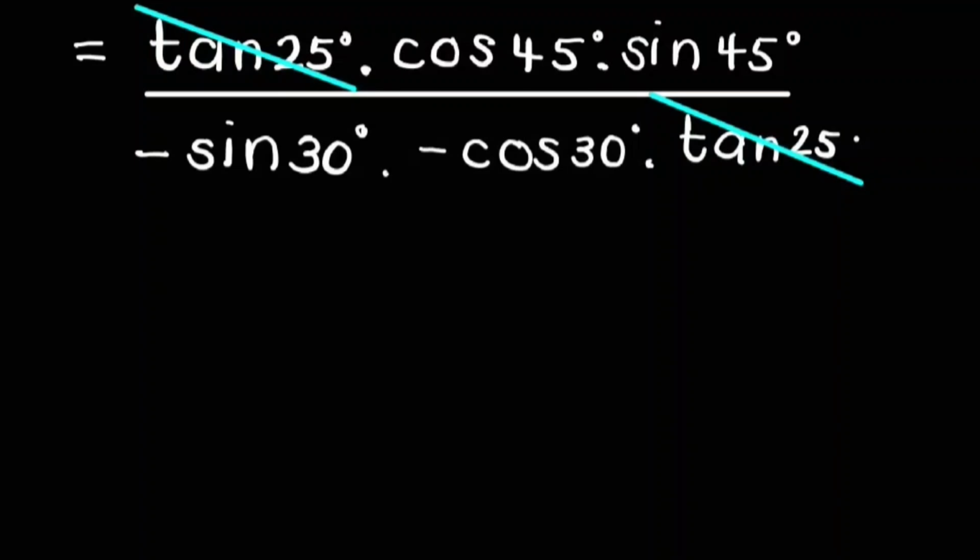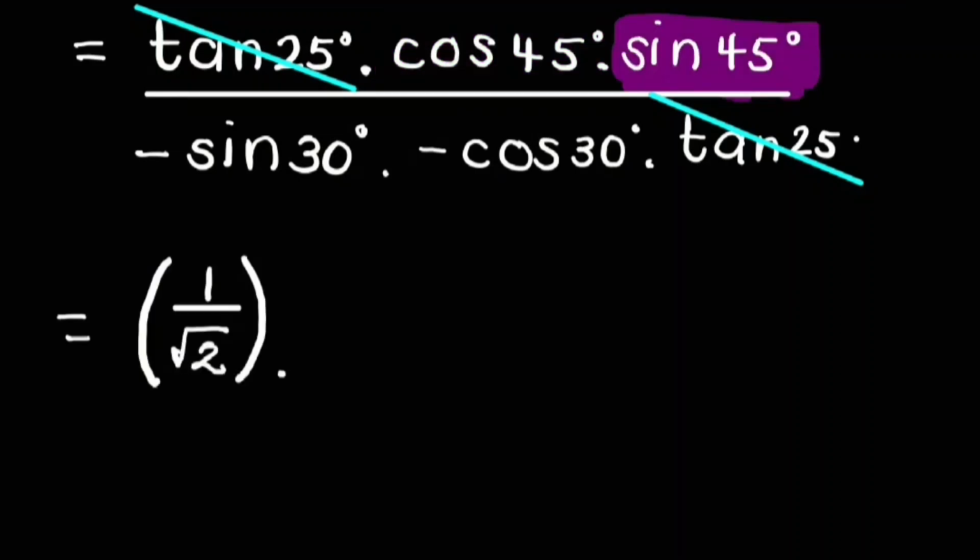Whatever we're left with has special angles in them. We've got cos 45, sine 45, negative sine 30, and negative cos 30. And we know that for special angles, they are equal to specific ratios. In the next step, I'm going to replace each trig function with its corresponding ratio. Starting off with the cos 45 degrees, that is equal to 1 over square root 2.